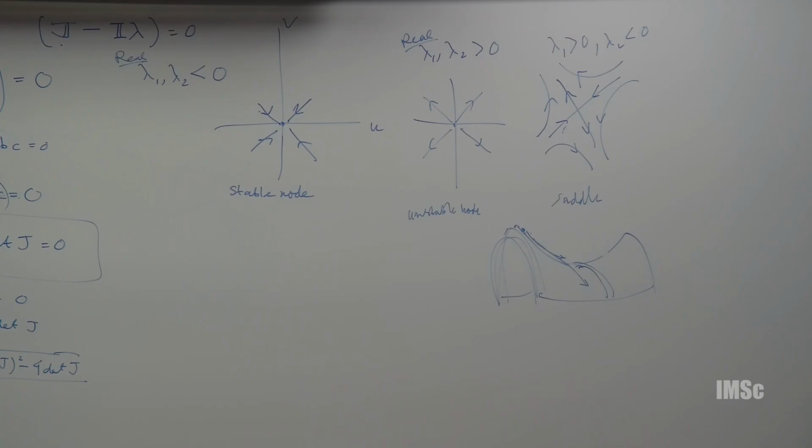So the whole chaos control idea is you keep shifting your system such that you're always trying to put the trajectory on the stable manifold. You know that you can't ever make it exactly on the stable manifold, so it will eventually go away. But if you can indefinitely keep doing this, it will stay very, very close to this unstable point. So that's the whole concept of chaos control.